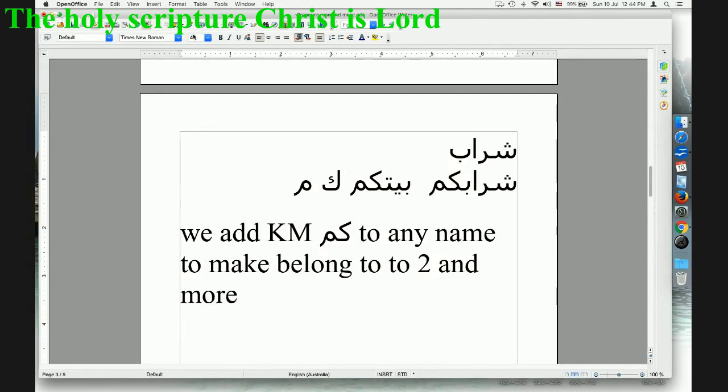As an example, ibn is your son or son. I want to make it your son as a group, and by group I usually mean parents. So I say ibnakum.